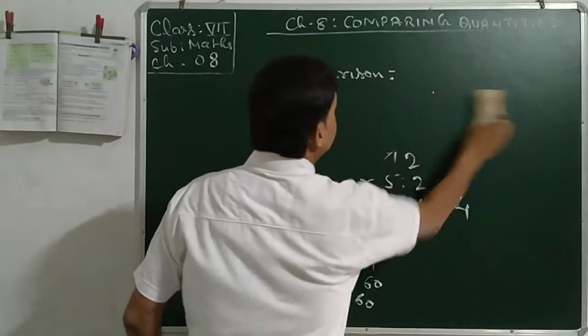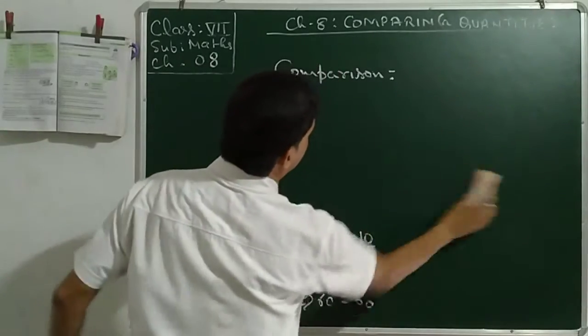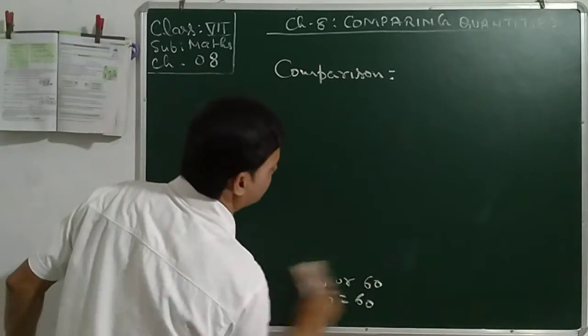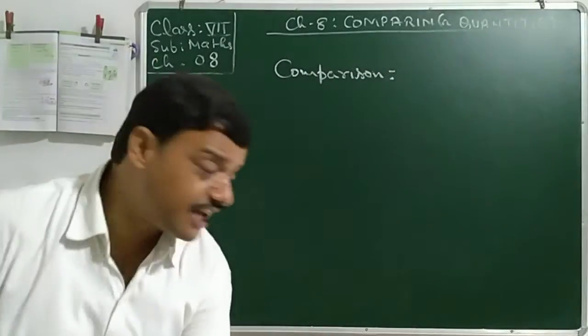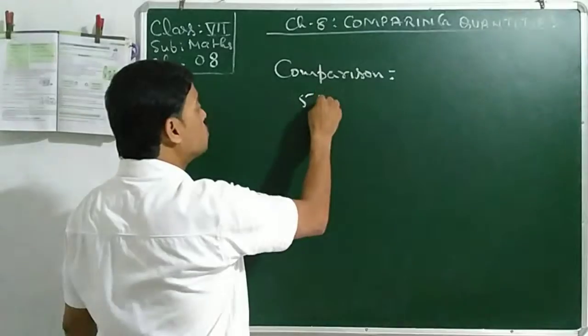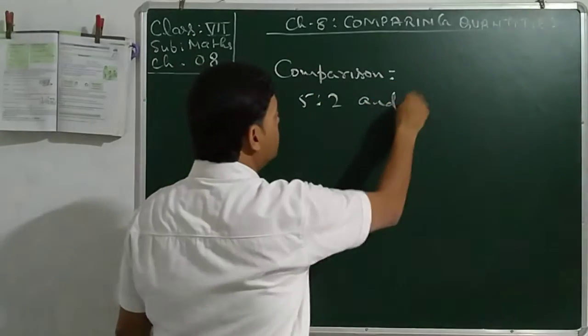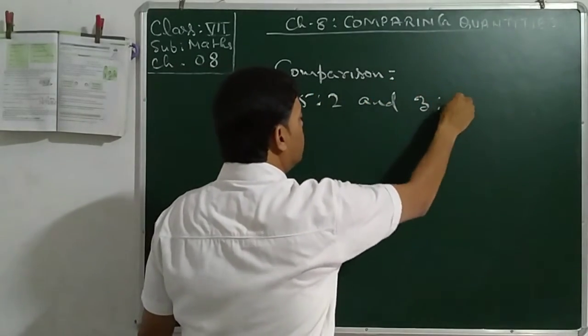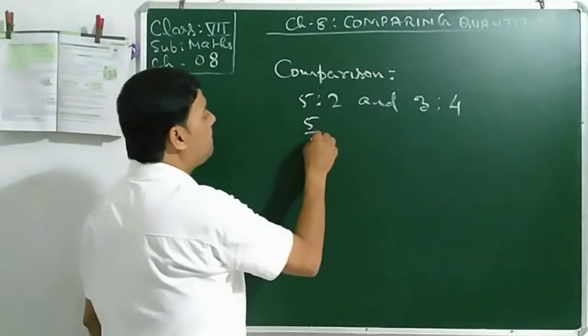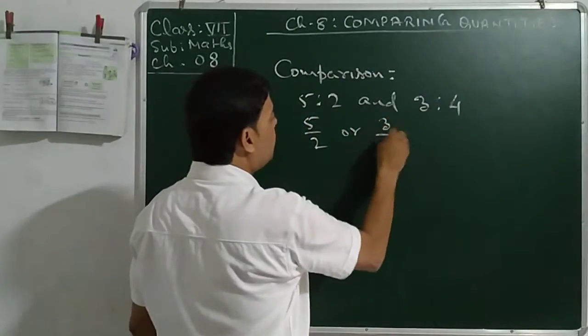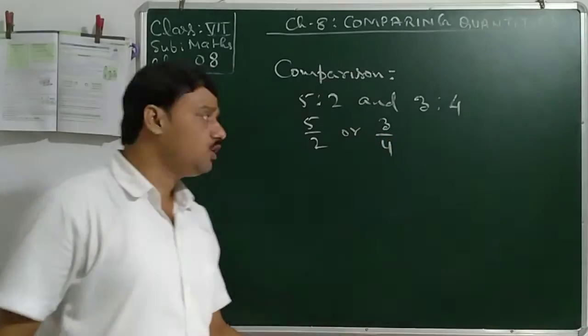But in case there are no common factors amongst them, for example, if two ratios are given as 5 is to 2 and 3 is to 4, in this case you will get no common factors, so 5 by 2 or 3 by 4 can't be reduced to the lowest term.